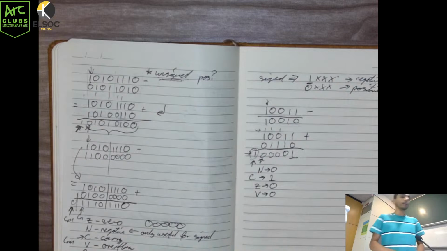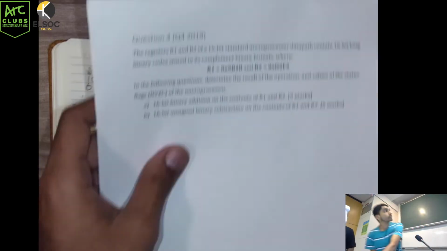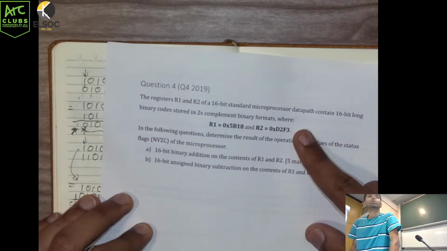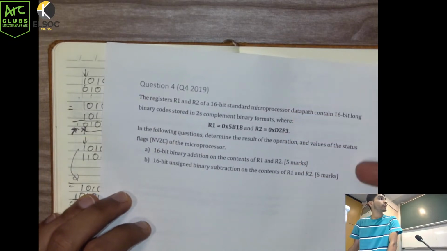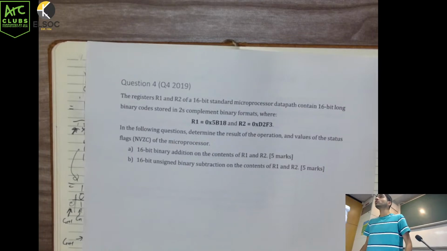Obviously, if a question is worth like 8 marks, this was one of the past paper questions that I had prepared. But this is the 2019 past paper question, where it gives you 2 hex numbers, asks you to convert them into binary, and then calculate the binary addition and unsigned binary subtraction on them for 5 marks.